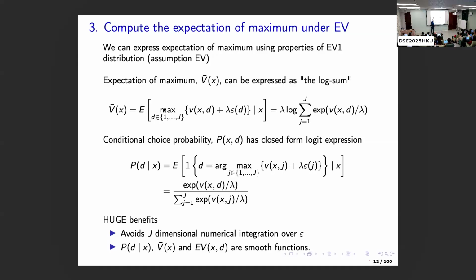It's like an expectation of the max over all those choice alternatives, conditional on the states. That turns out, instead of being an integral over all those continuous states that you need to numerically approximate, we can just use this simple formula, the log sum. So that's another benefit of that assumption.